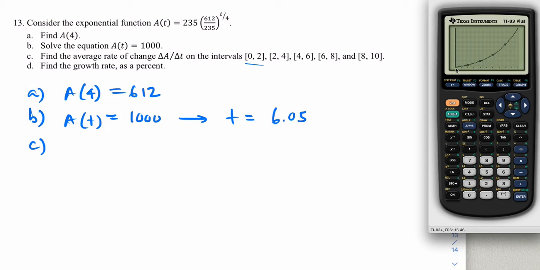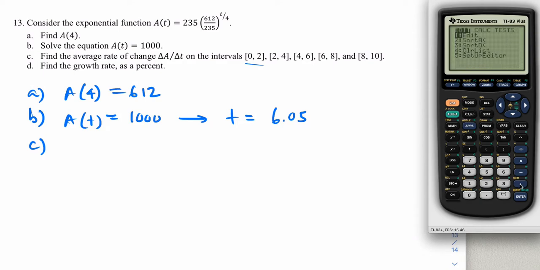The average rates of change are the slopes between neighboring points. Like the average rate of change on the interval from 0 to 2 would be the slope of the line connecting this point and that point. And so on. We can see that those average rates of change are going to be increasing. Those slopes are getting steeper. That's also another way of saying we're increasing at an increasing rate here.